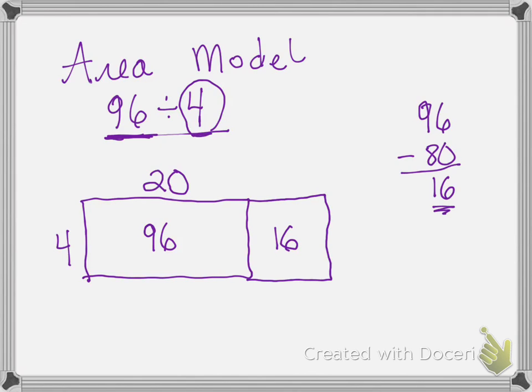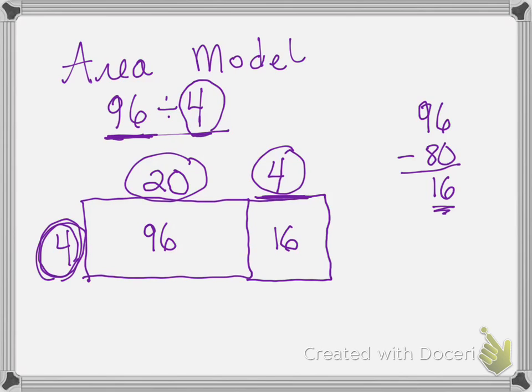So now I have to say, well, 4, let's do that inverse operation. 4 times what gives me 16? And it is 4. So we have 20 and we have 4, and if we add that up, we will get 24 as our answer.